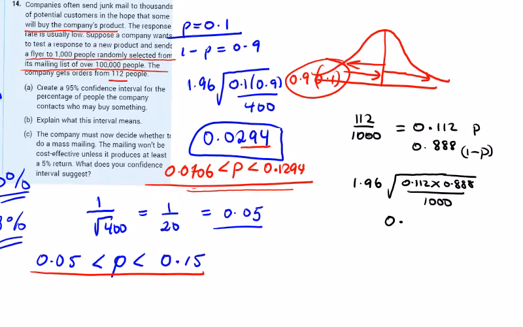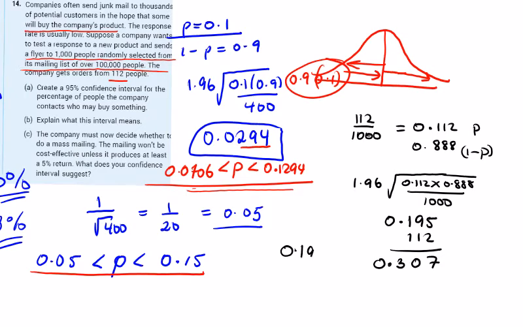Going to give 0.195, and we were at 0.112, so we're adding quite a bit to it. So we're adding 0.112 to get 0.307. That's the higher end.